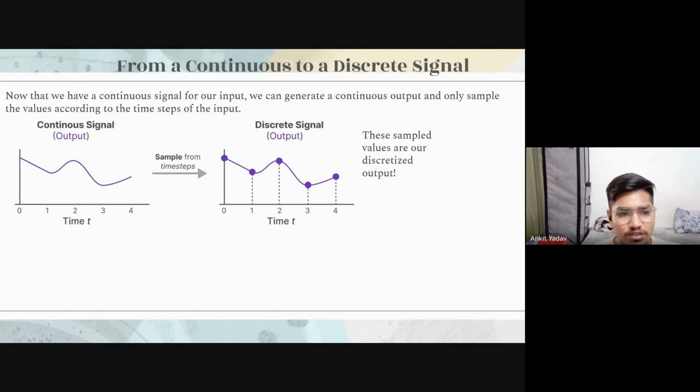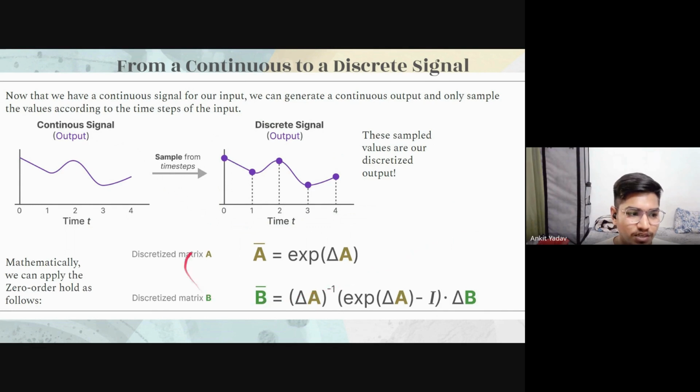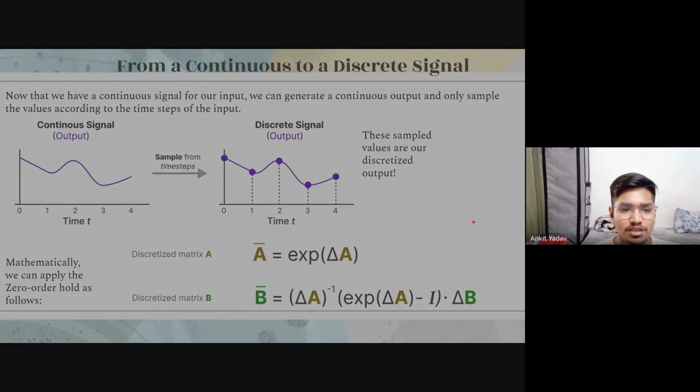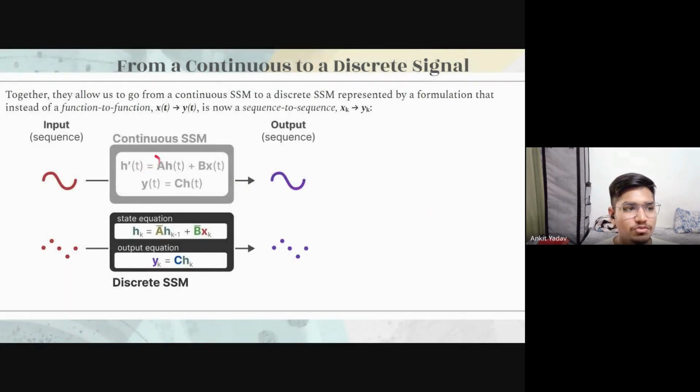And these are the two equations which we use with the help of delta to produce a discrete A bar and B bar. So now these are the new terms we'll be using in our equation, because now our equation is discretized. Now from continuous, we have moved to discrete SSM, and the equation has also changed.